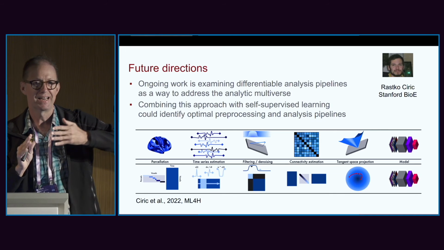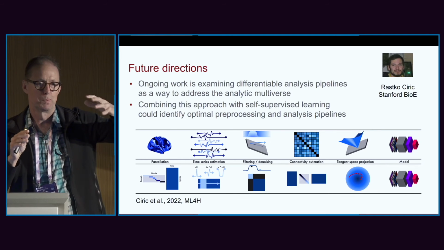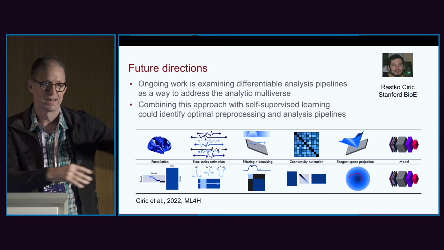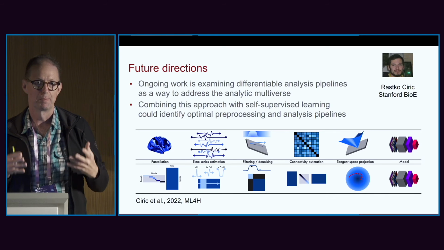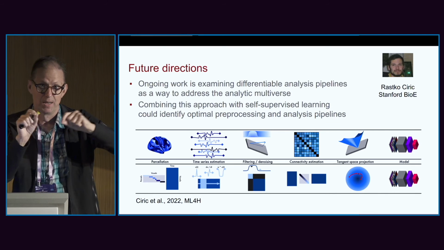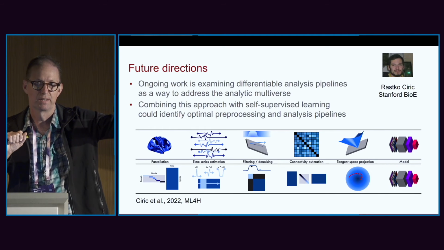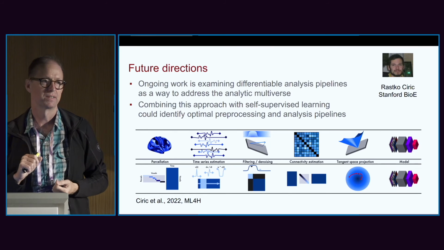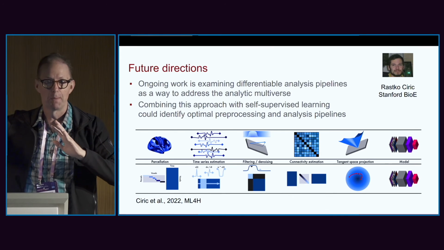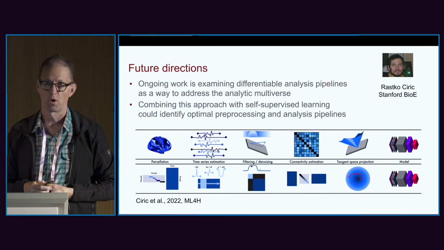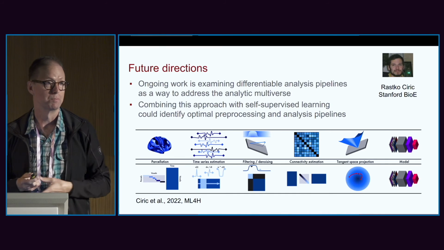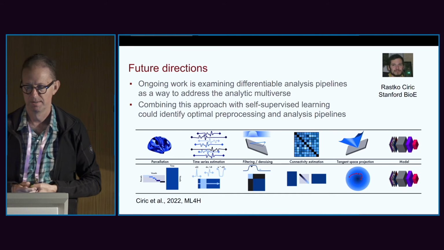You can find at least a local minimum for a particular set of parameters across those different processing operations that will give you the optimal predictive performance out of sample on whatever objective you're trying to achieve.